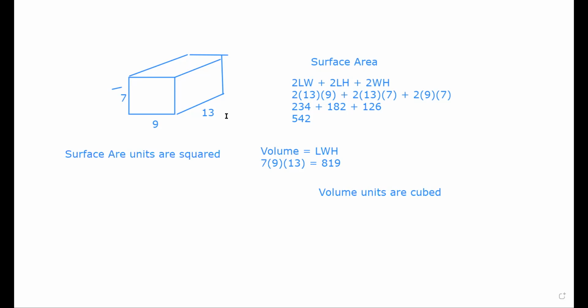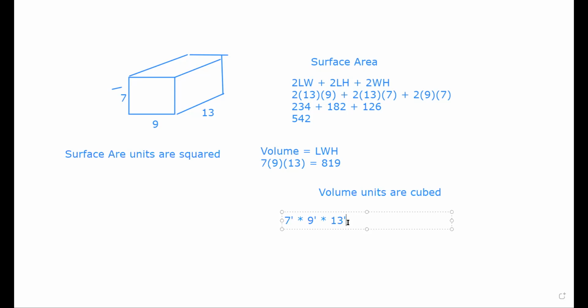Let's say that these were feet. If I got 7 feet times 9 feet times 13 feet, well, a foot times a foot is square feet.